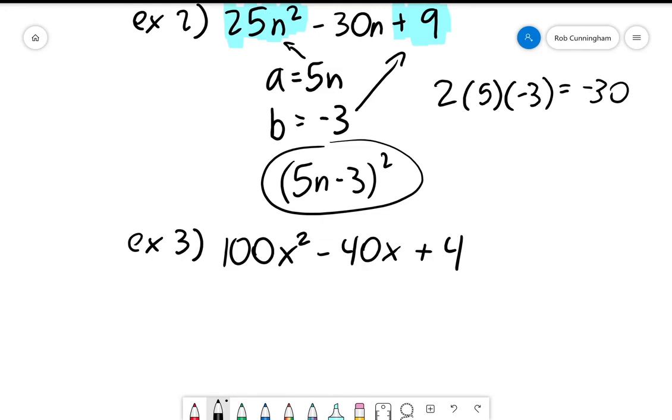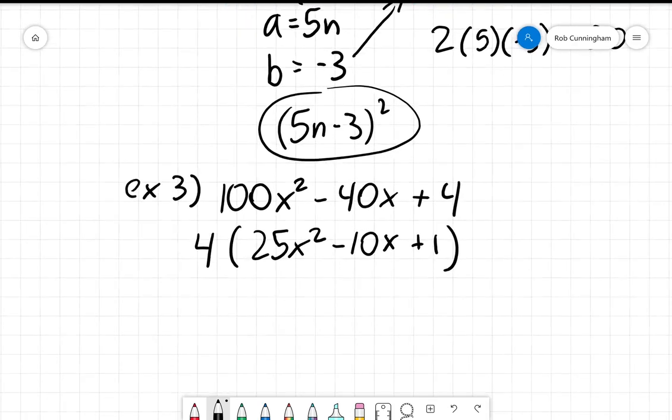I do see that all of this is divisible by 4. 100x squared divided by 4 is 25x squared. Negative 40x divided by 4 is negative 10x. And then 4 divided by 4 is positive 1.